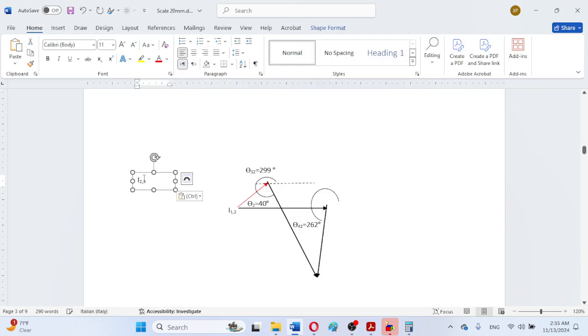Just paste it here like this. So this is instant center I2,3 at any suitable location here.